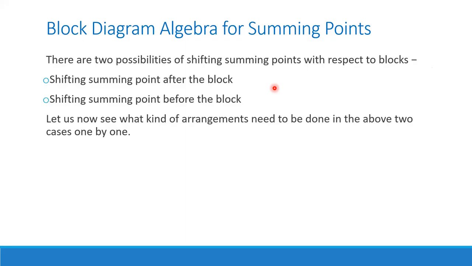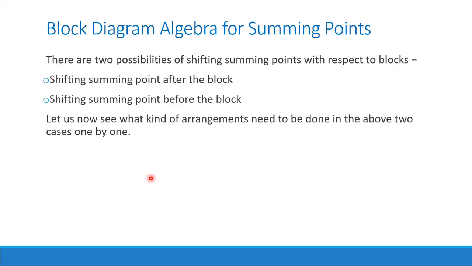So there are two possibilities in block diagram algebra for summing points: shifting the summing point with respect to blocks. If the summing point is present before the block, we can shift it after the block, and if the summing point is present after the block, we can shift it before the block.